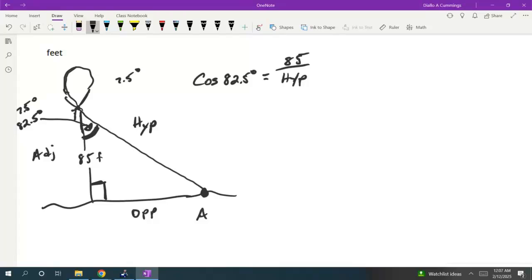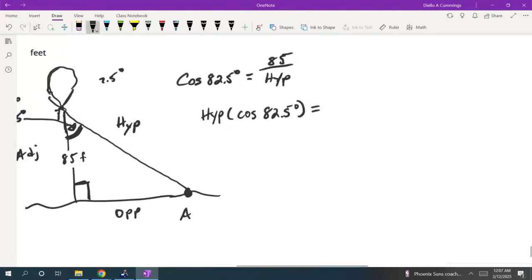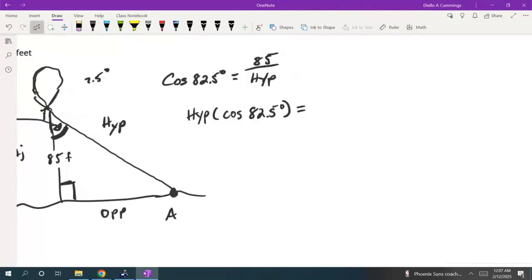So the first thing I'm going to do is multiply both sides by the hypotenuse. So when we multiply the left-hand side by the hypotenuse, we have the hypotenuse times the cosine of 82.5 degrees. And once we multiply, the right-hand side, the hypotenuse cancels. So we set that equal to 85.